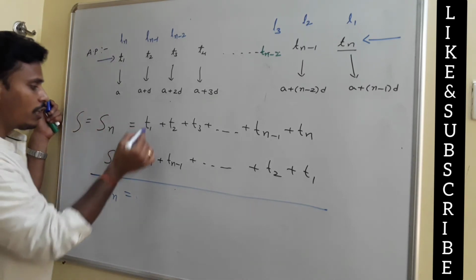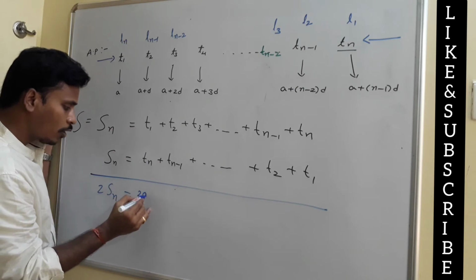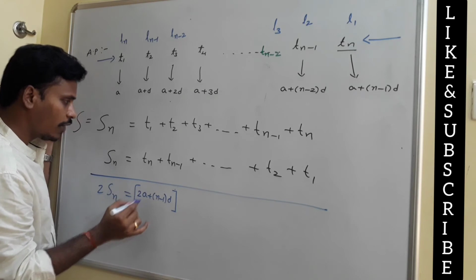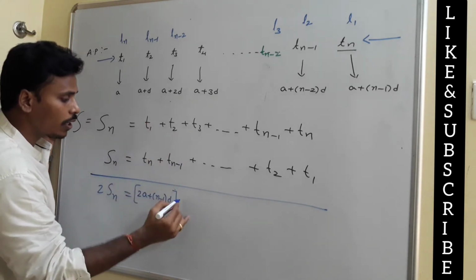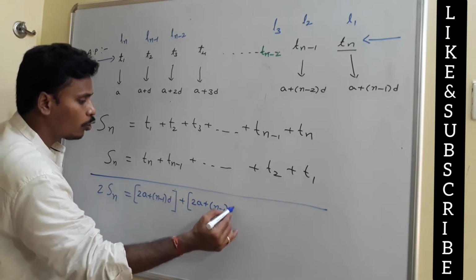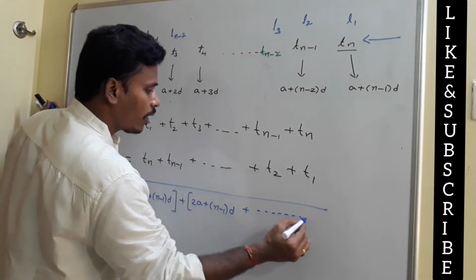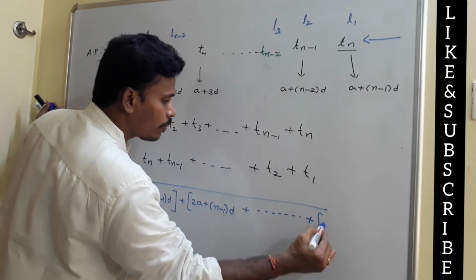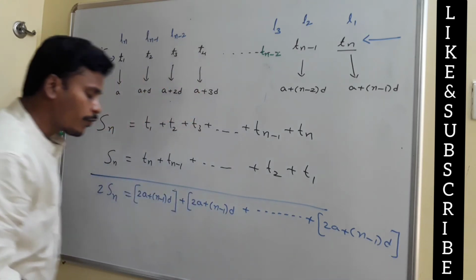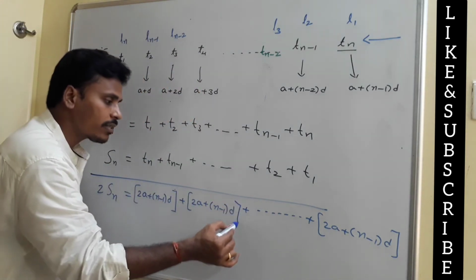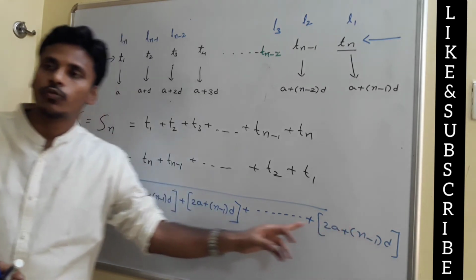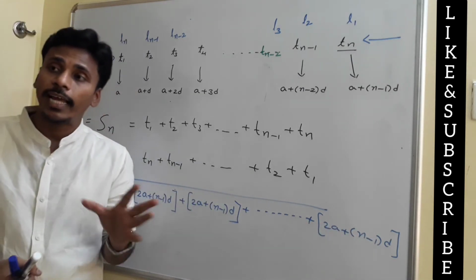So the sum of this T1 and Tn, you know it as 2a plus n minus 1 into d. And if you add this T2 and Tn minus 1, again it is 2a plus n minus 1 into d. Like that, every time the sum of these two terms is 2a plus n minus 1 into d. Now you need to add this same value 2a plus n minus 1 into d for how many times? For n times you need to add.